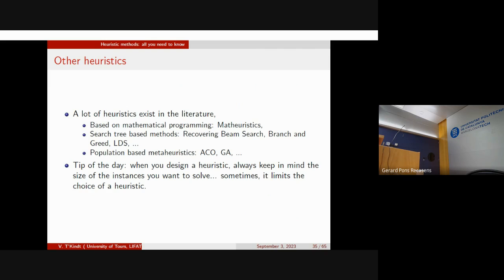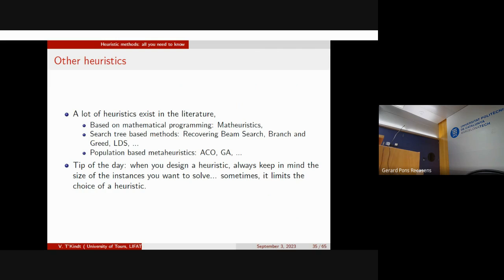The tip of the day is, when you design a heuristic, I think that even in the OR community, a lot of people are just forgetting that you have to take into account the size of the instances that you want to solve in practice. If I have an instance that is just made up of, in my real problem, I don't know, 10 items, and n equals 10, any kind of algorithm works, heuristics, genetic algorithms, even the slowest ones.